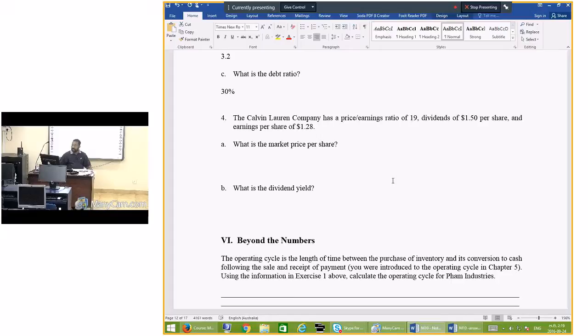And what is the dividend yield? This we have to do some calculations for finding out the market price per share.